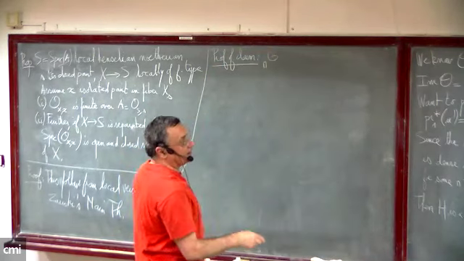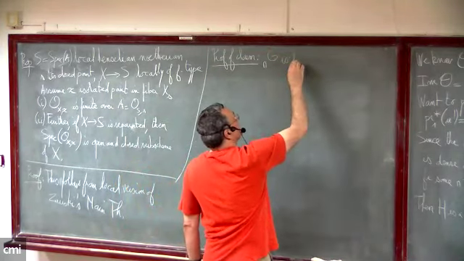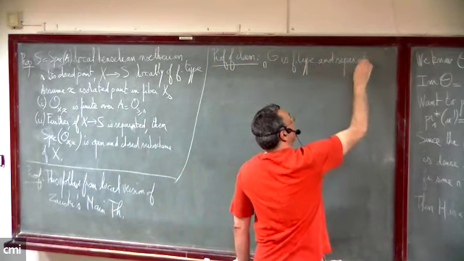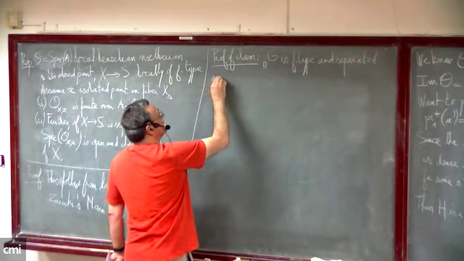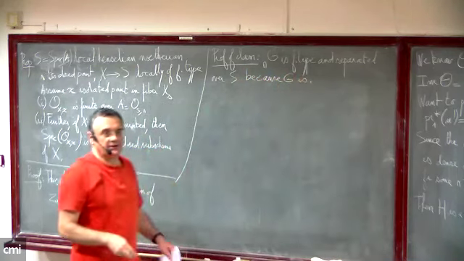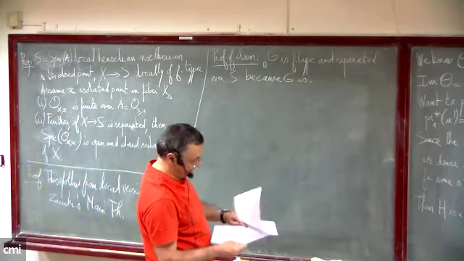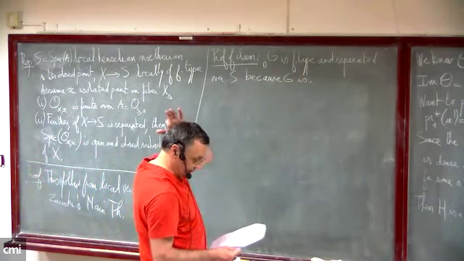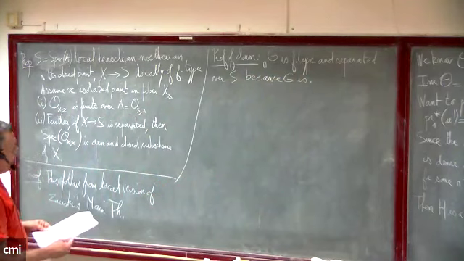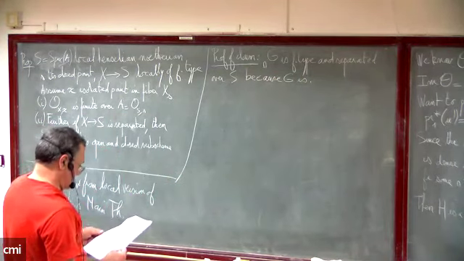So our subscheme, the n-torsion points in G, is of finite type and separated over S because G was affine and separated, and G was also assumed to be smooth, so of finite presentation.